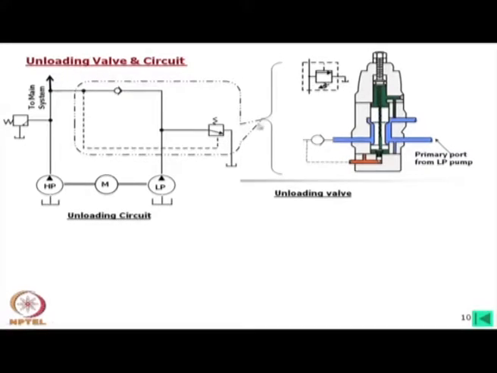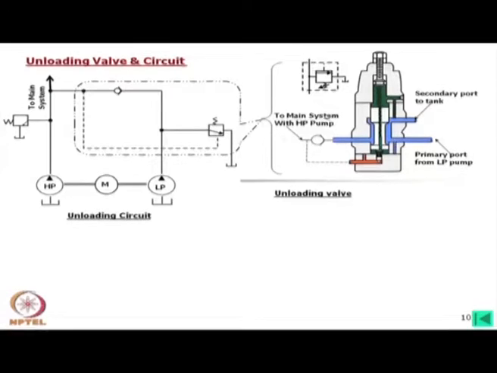The setting is 10 and the pressure here is more than 10 megapascals, say 11 megapascal. So, it will open. So, flow is going to this, and so this is unloading, coming from here to here. Now, this is the secondary port to tank.